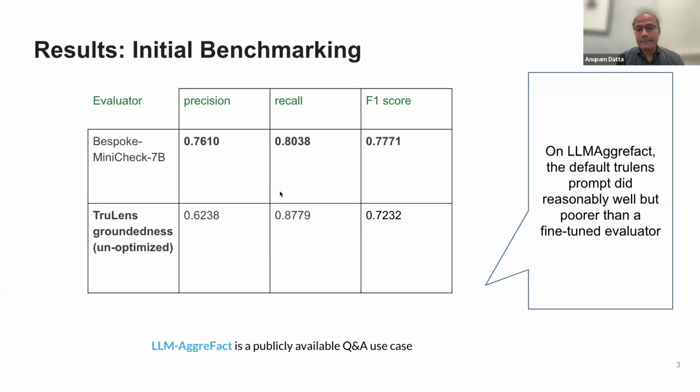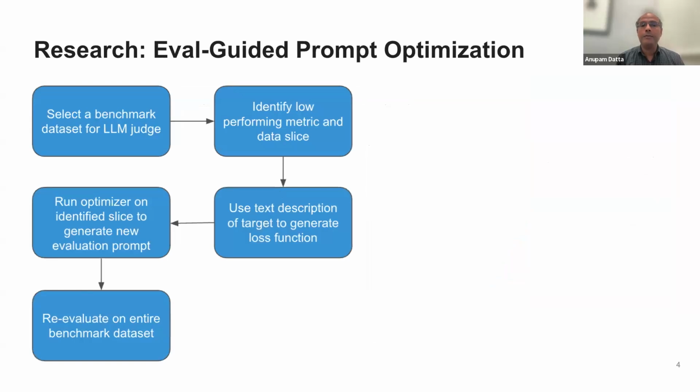In order to address this gap, we created a new method for eval-guided prompt optimization, which, given a use case and associated dataset for an LLM judge, identifies low-performing metrics, in this example that's precision, and a data slice, or a subset of the data, on which that metric is doing particularly poorly.